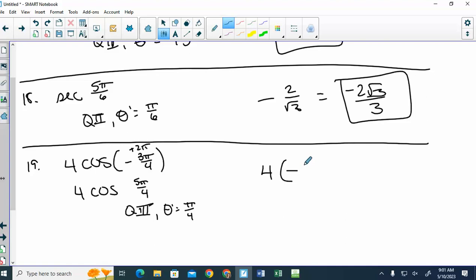What is the cosine of 45? Radical 2 over 2. We get -2 radical 2. Is that okay?